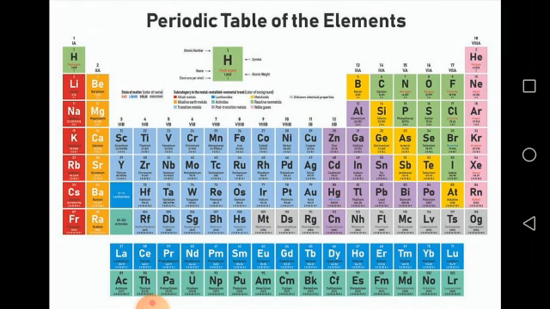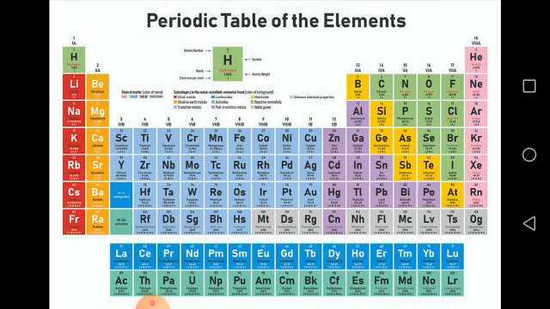Today we will study lesson 1 of Unit 2, which talks about the periodic table and how it can help us to predict many properties of many elements, and how we can determine the location of any element in this periodic table by knowing some information about its atomic number.